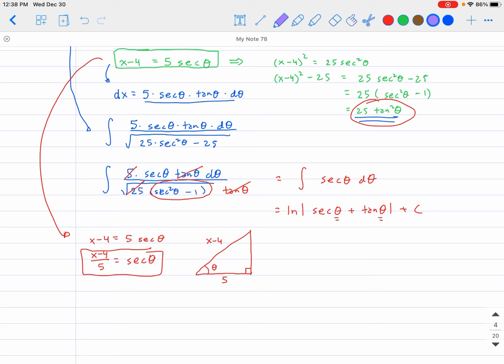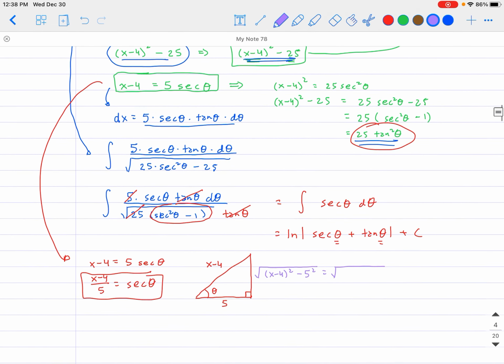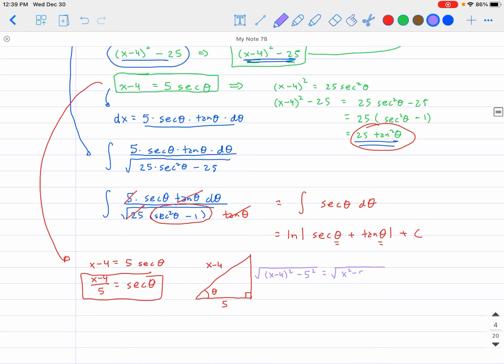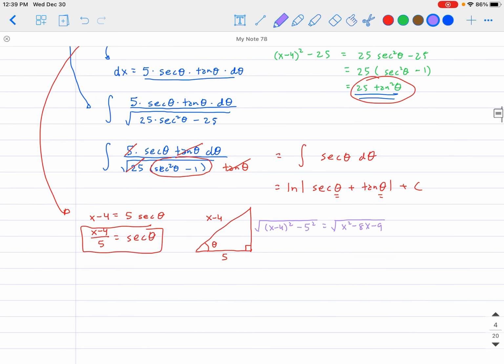So if I'm going to solve for this missing piece, that is going to be the square root of the hypotenuse squared, so that's x minus 4 quantity squared, minus the bottom part squared, so that's going to be 5 squared. And if you notice, this is exactly the same thing as what we had from the very, very beginning, the x squared minus 8x minus 9 thing. Maybe it's nice to rewrite it so that you can see that there's a connection there.